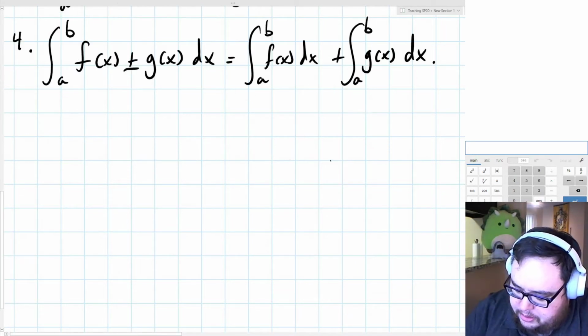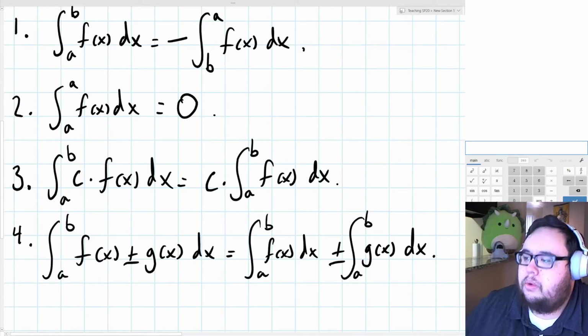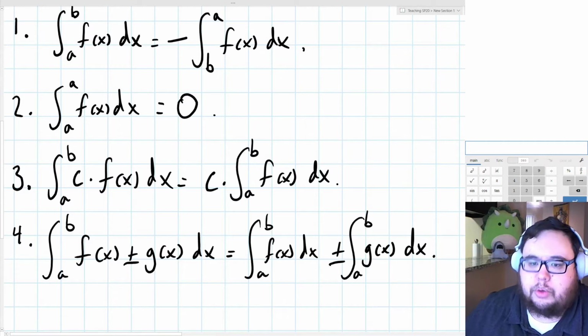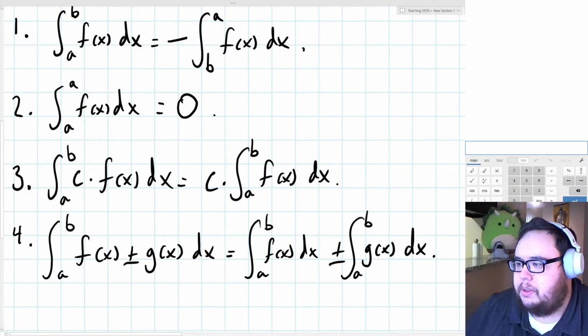So once again, the sum of two integrals will be the integral of the sums. Once again, this is a pretty straightforward application of basic arithmetic properties.